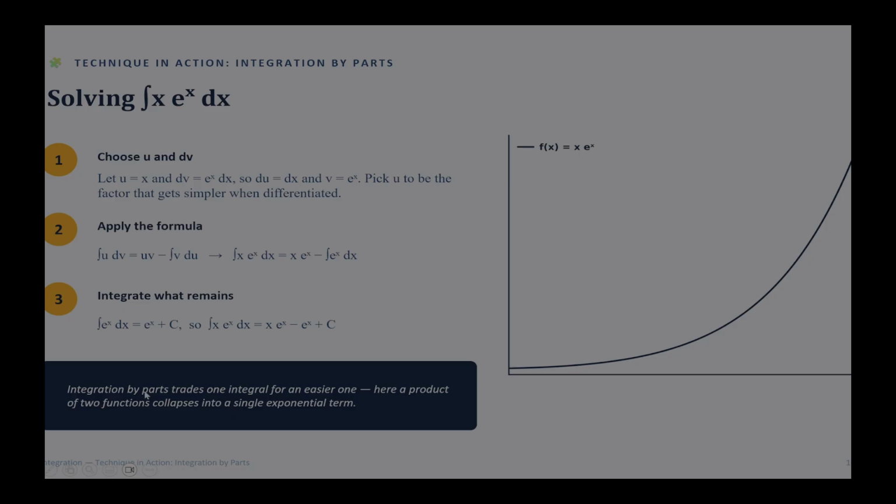So integration by parts trades one integral for an easier one. Here a product of two functions collapses into a single exponential term. This is the end result.